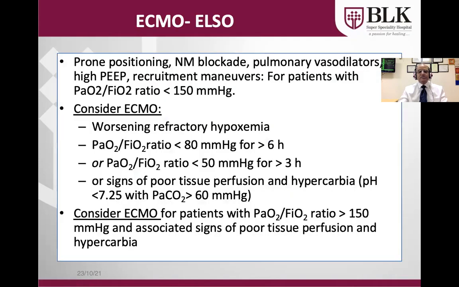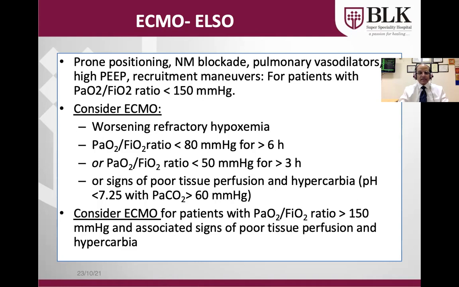So ECMO, as we have seen, whatever the phenotype, if they progress to this kind of a thing, then ECMO is the last resort. So we need to go for prone positioning, neuromuscular blockade, pulmonary vasodilators, high PEEP, recruitment maneuvers whenever the PF ratio is less than 150.